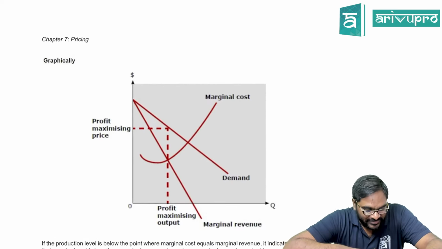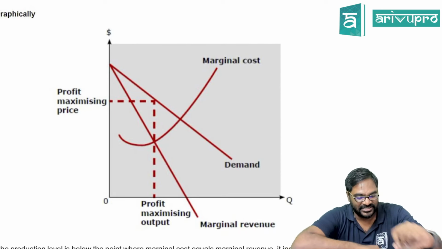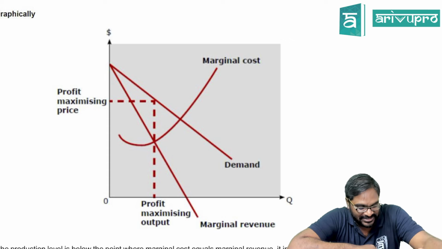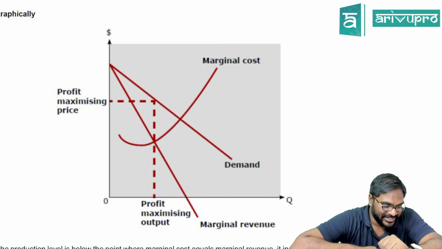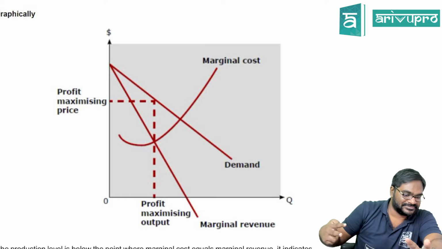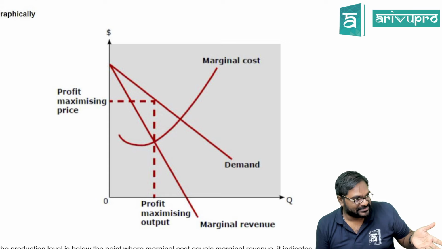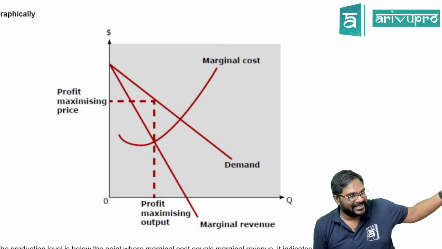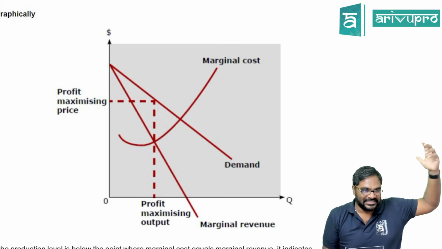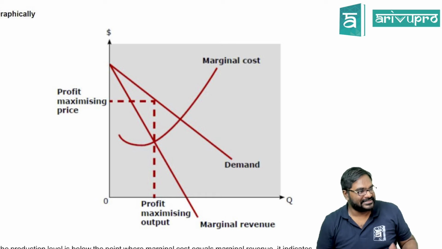Then usually we use a graph like this for that. So we jot down the demand and the marginal revenue. Those two would be linear lines. But marginal cost is not going to be linear. We already saw that, right? At one point it was 170, at one point it was 70, and then it went back to 165.